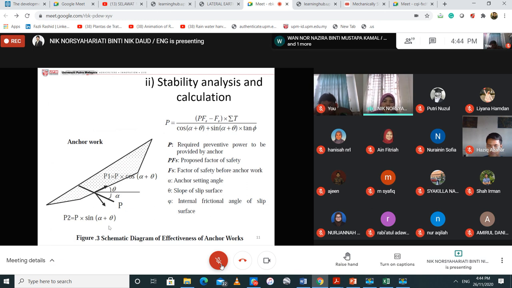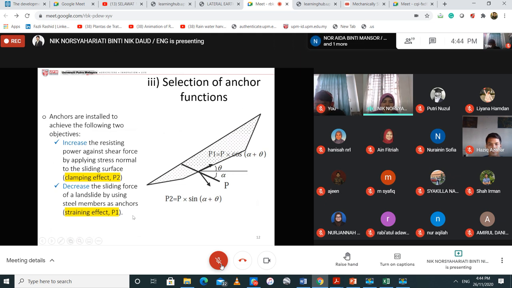Then juga sudut-sudut yang tertentu lah for the ground anchors ni. So here we have, if you notice, P1 and P2, right? So this P1 and P2 ni, this is the effect yang akan provide the force to the anchors, right?